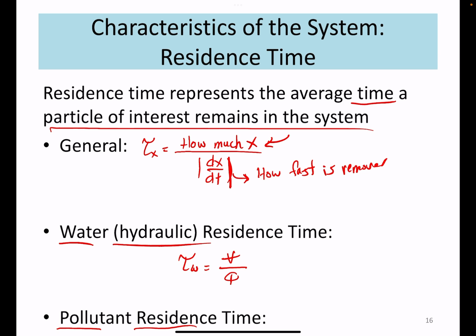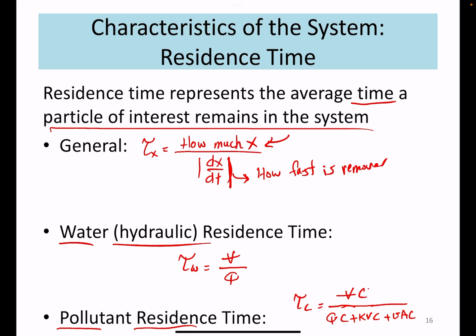Now, in terms of pollutant residence time, in terms of water, it's volume over Q. In terms of pollutant, let's say TC, that's equal to volume times concentration divided by QC plus KVC plus, if there is a settling velocity, times A times C. Now there's a lot of C's here. Let's cancel out all the C's.